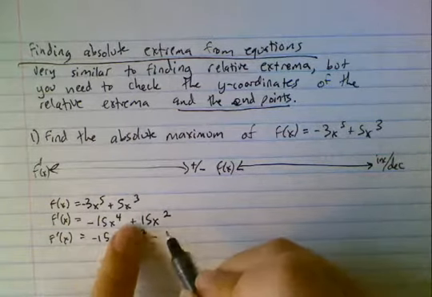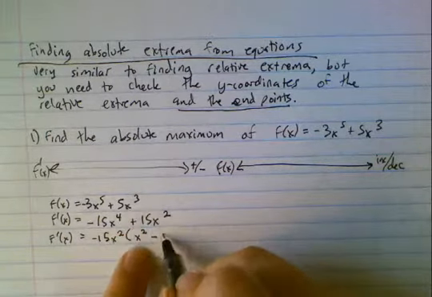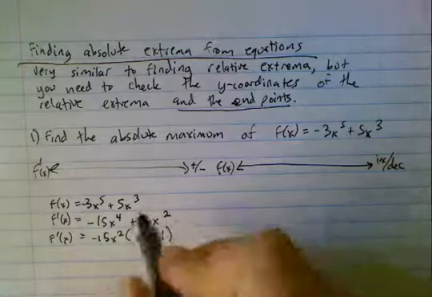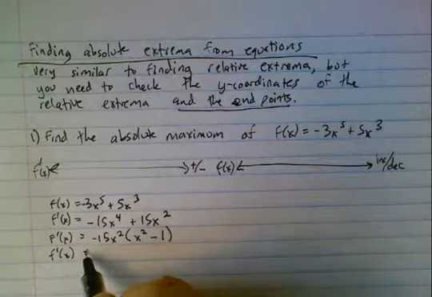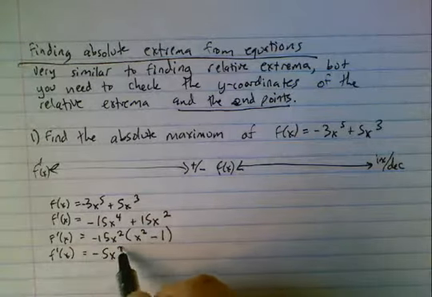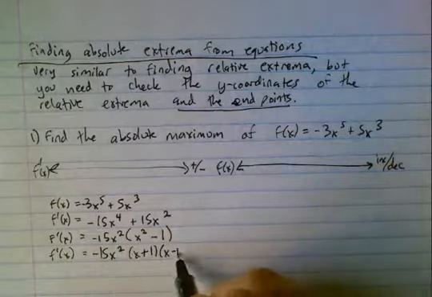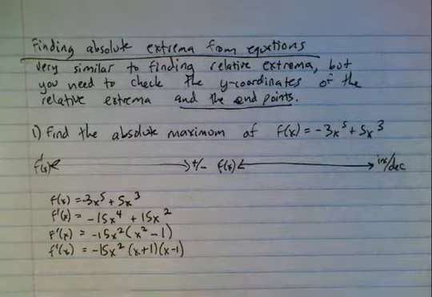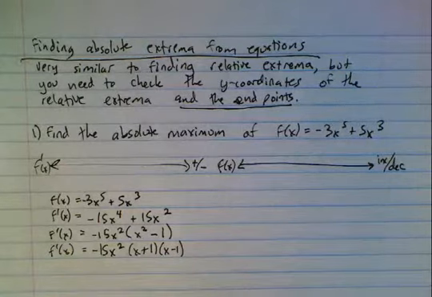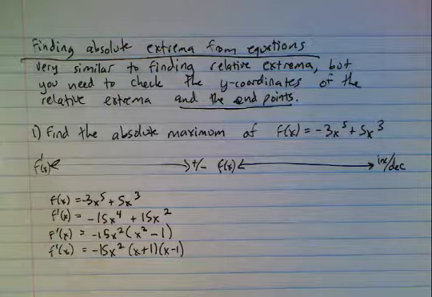We factored out a negative, so this is a minus 1. We can factor that further. X plus 1, x minus 1. If you factored it with negative x squared plus 1 and positive 15x squared, you'll still get the same answer. You'll just have everything reversed from what I'm doing here.